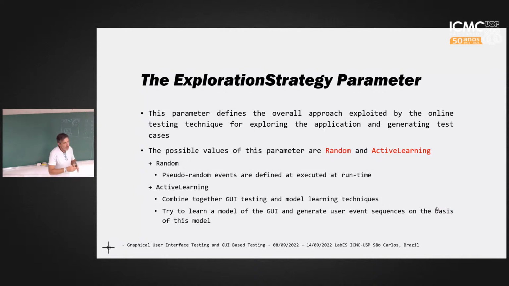And there is a new research topic where the AI is applied to the exploration strategy. So if you are working on AI and data mining and you want to apply this to software testing, it's a hot topic.